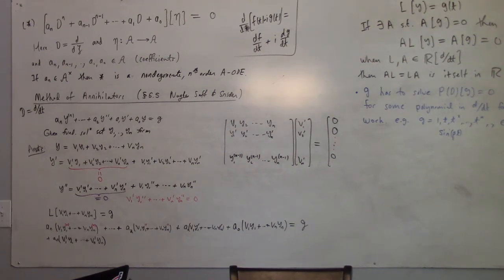Essentially, you set up a system of equations where you get v1 prime equal to something that's integrable. So you integrate it and you get v1 equal to a function. And then you plug v1 back in.